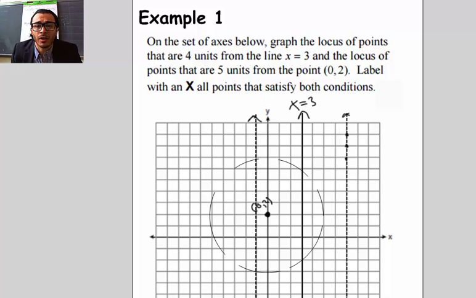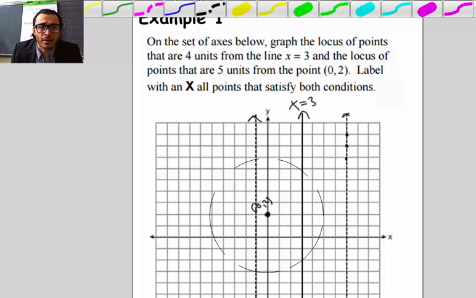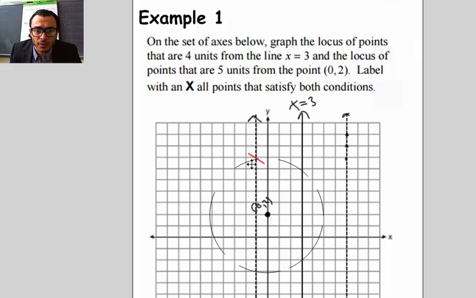That's why I'm very insistent that the locus should be dotted, because this part is easy. All you have to do is just see where the dotted lines intersect with a dotted circle, and it's easy peasy. So these are the 2 points that satisfy both conditions.